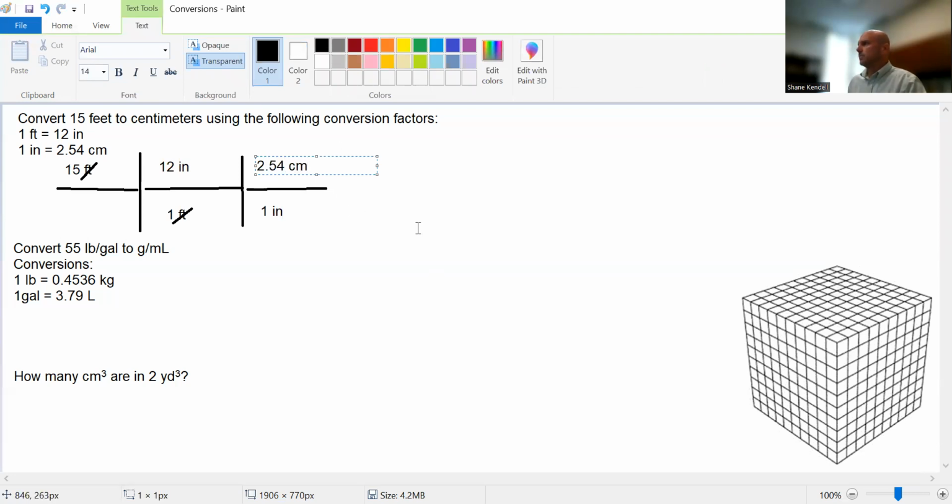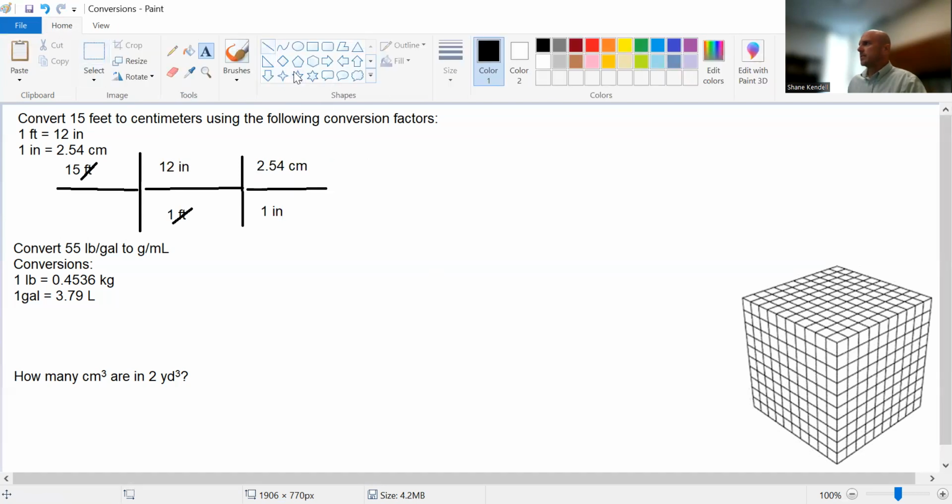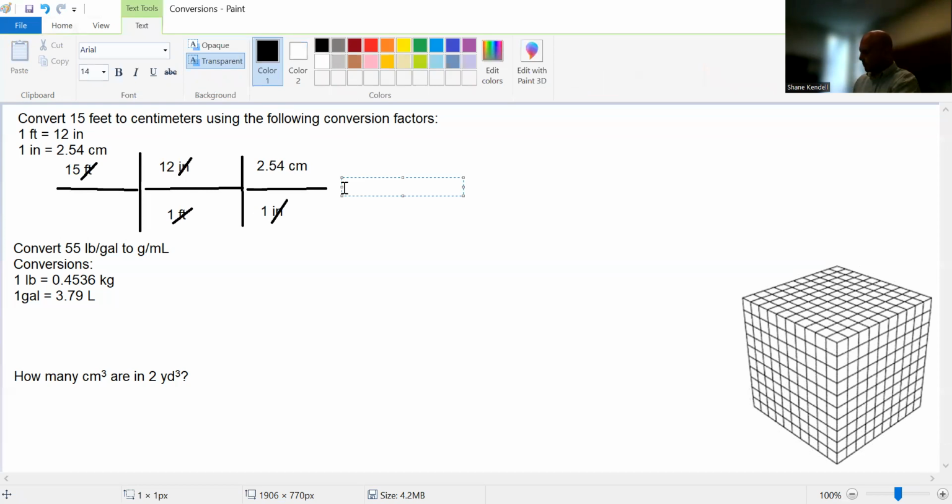Okay, so that's enabling these two to get crossed off. And we just double check that the units we've got currently are what we need. And again, we need centimeters, so we should be good with that. And then we just go ahead and do the calculator.